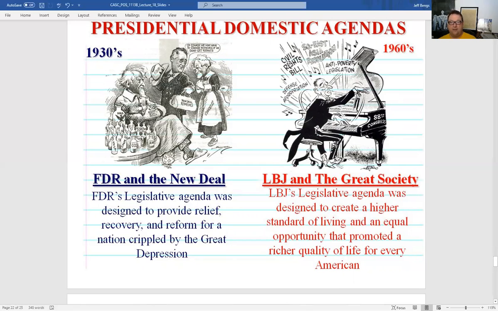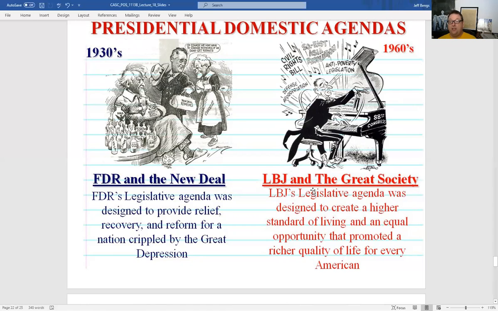I mean, Kennedy would have had it passed, but LBJ had a dream of creating a great society in which all Americans were enjoying a higher standard of living, and as many Americans as possible had equal opportunity to achieve that.